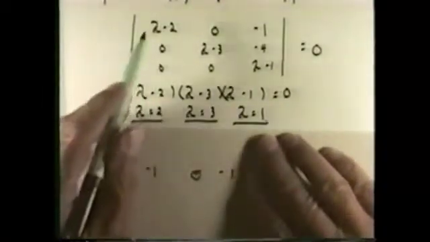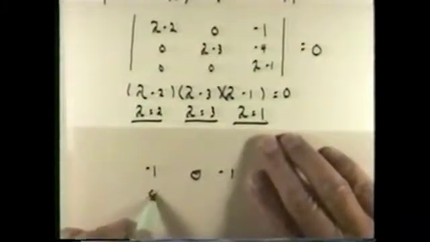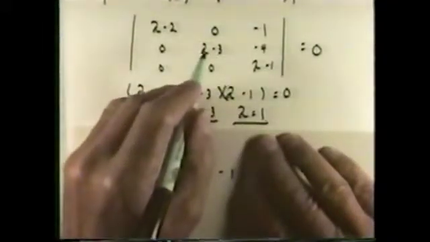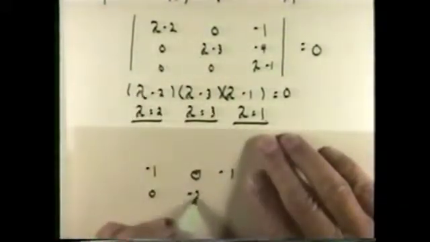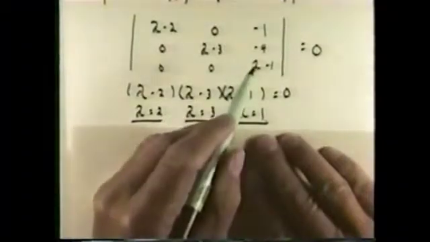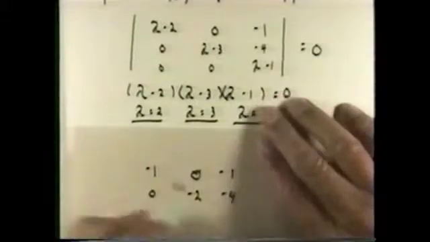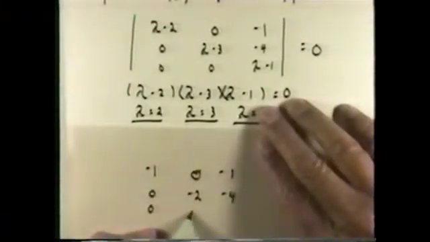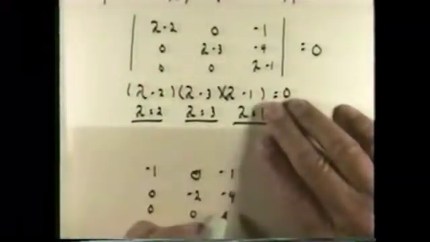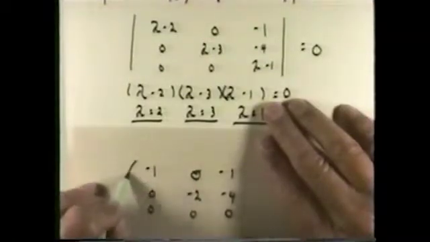And then 0, 1 minus 3 is negative 2. 1 minus 1 is, well, that would be a negative 4. Jumping ahead of myself, then it would be 0, 0. And now, 1 minus 1 is 0.